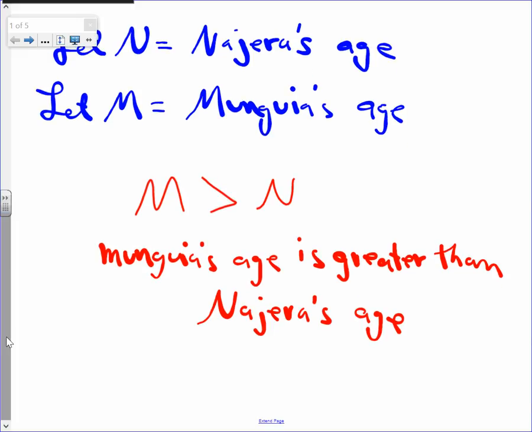The Pac-Man wants to eat whatever's bigger. Think of a little Pac-Man mouth. Mungia is greater than Naheda in terms of age.